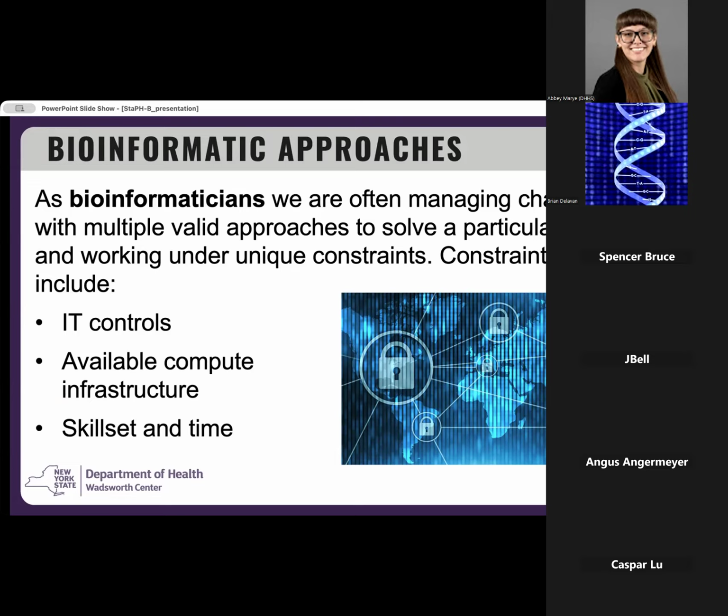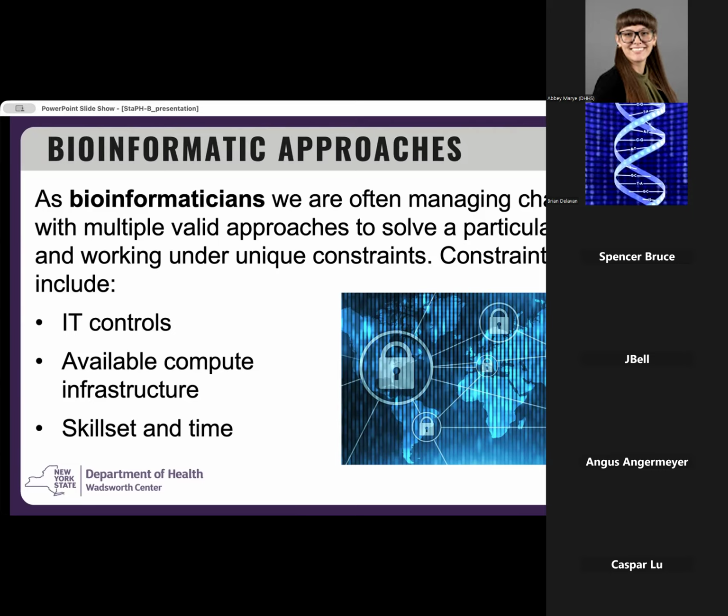Additionally, we often have multiple valid technical approaches to address a problem, which makes this more confusing because we're asking ourselves the question, do we use this open source software package or do we use that one? On top of all of this, one of the things we have to deal with in public health is operating under different IT security controls, infrastructure availability, staff expertise, and time.